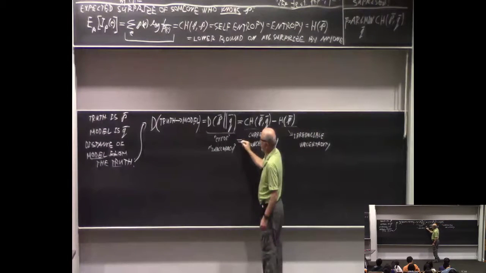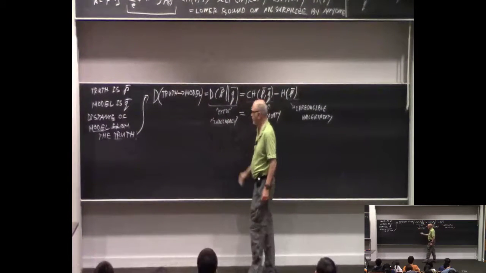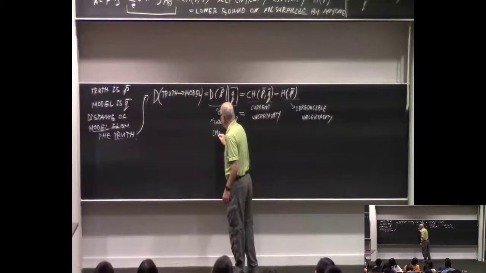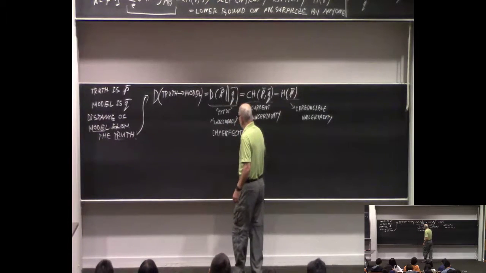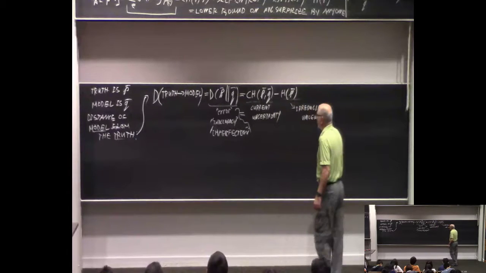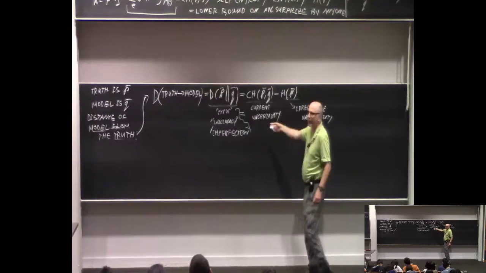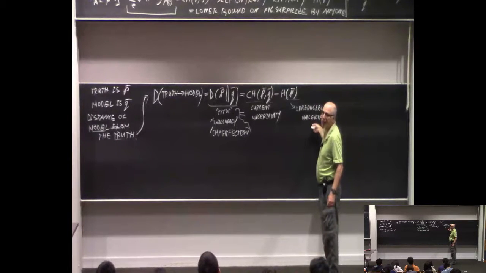We measure our level of imperfection, or imperfection of the model, three different terms for the same thing, as the difference between our current level of uncertainty and the minimum achievable level of uncertainty, that gap.